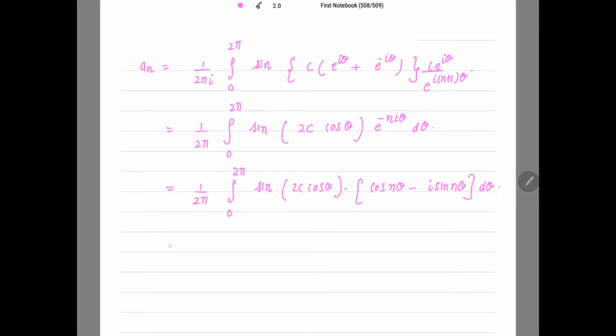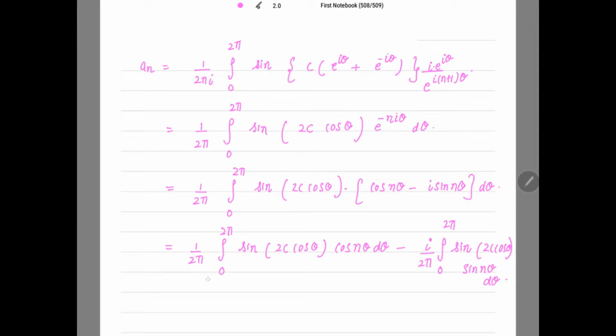Further, 1 over 2 pi integral 0 to 2 pi of sin of 2c cos theta cos of n theta, separate them, minus i over 2 pi, this i I taken outside, integral of sin of 2c cos theta sin of n theta d theta.